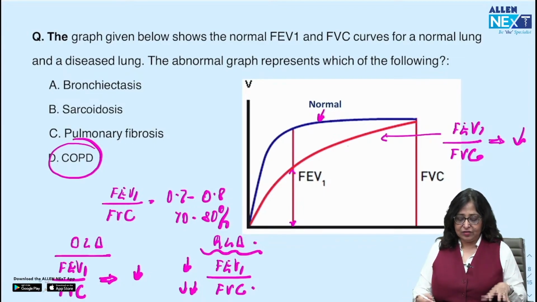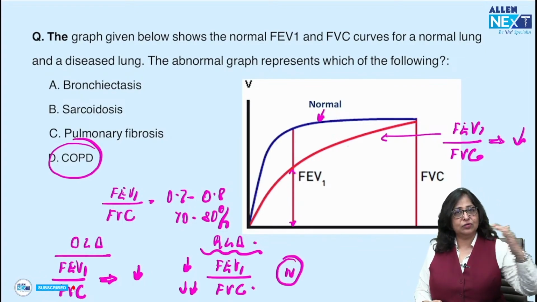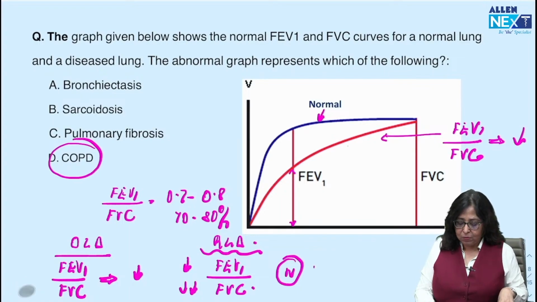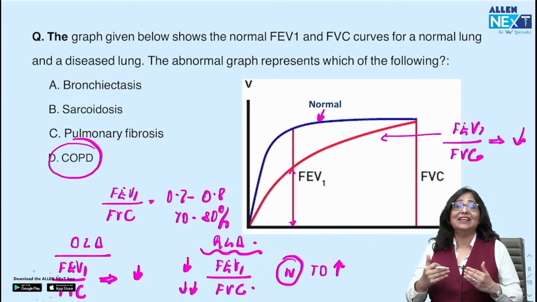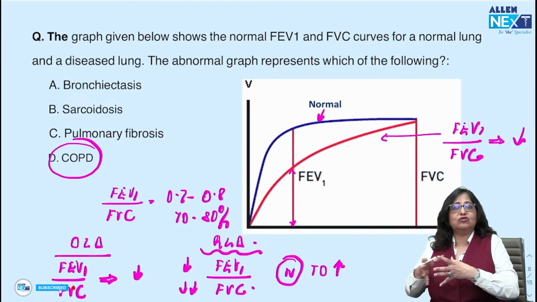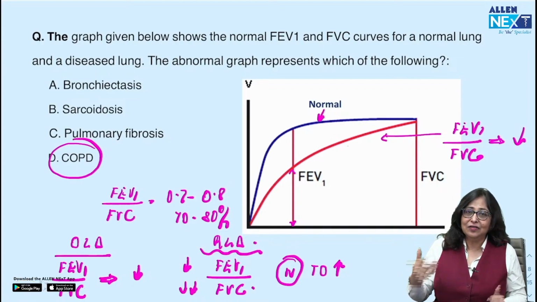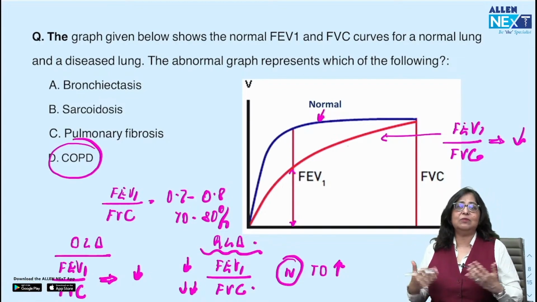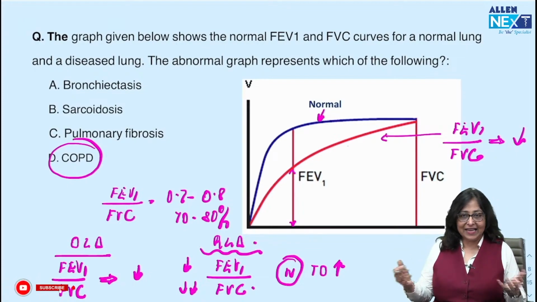So, either the ratio will be normal, if both have reduced to the same extent, or the ratio will increase if the decrease in denominator is more than the decrease in the numerator. Restriction of expansion, so volumes are affected more than the rates. Again, FVC, which is a volume, will be affected more than FEV1, which is a rate.